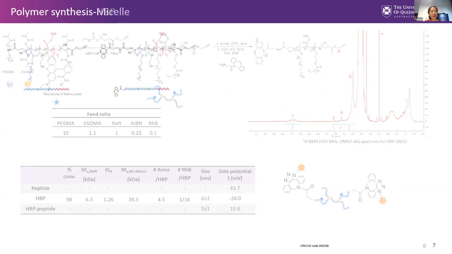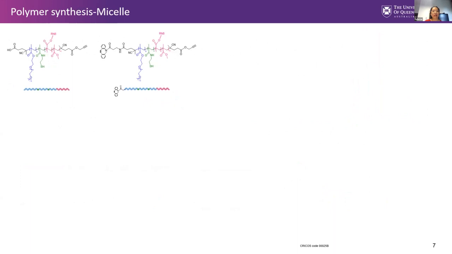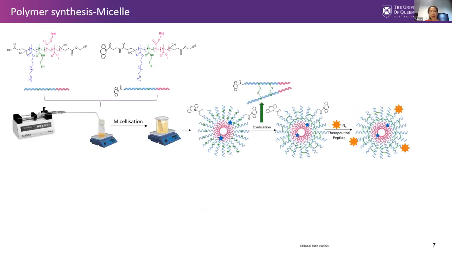And then we also successfully synthesized our micelle. The block copolymer we used for our micellization is PMMA-PEGMA block copolymer. PMMA was used to form the core of the micelle due to its hydrophobicity.